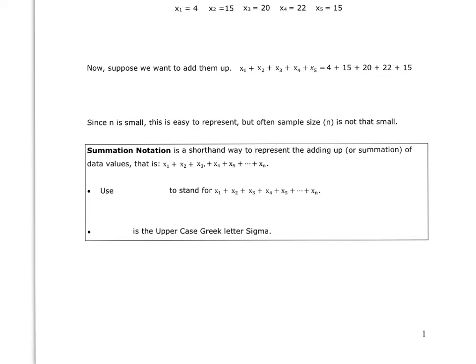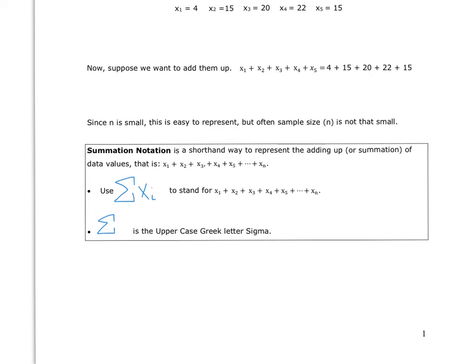The symbol that we use to stand for summation is a Greek letter. It is the Greek letter sigma, and it's actually the uppercase Greek letter sigma. Here, I'll write it again down here, and that tells us we're going to sum. We then also have to include in the notation what we want to sum up. In this case, we want to sum up the x sub i's.